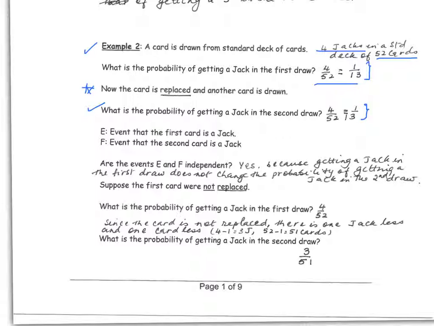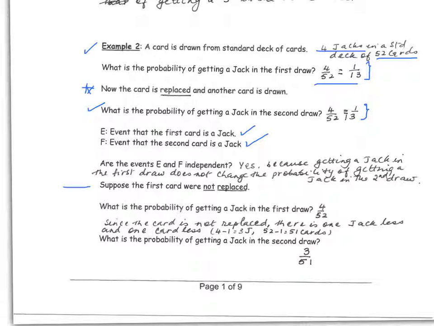So that tells us that the first event of getting a jack in the first draw and the second event of getting a jack in the second draw are completely independent. Knowing that we got a jack in the first draw does not have any effect on the probability of drawing a jack in the second draw. So the two events are independent. That is because the first card was replaced before we drew the second card.